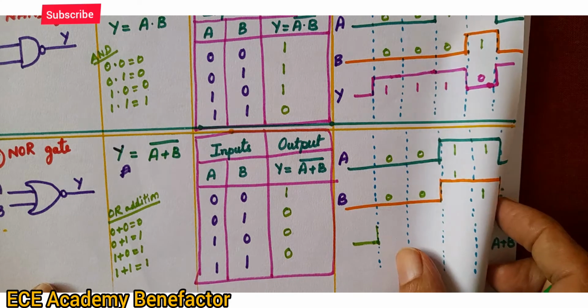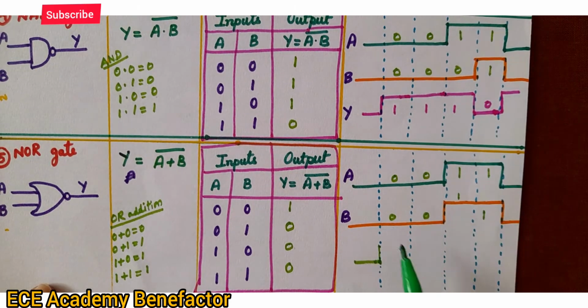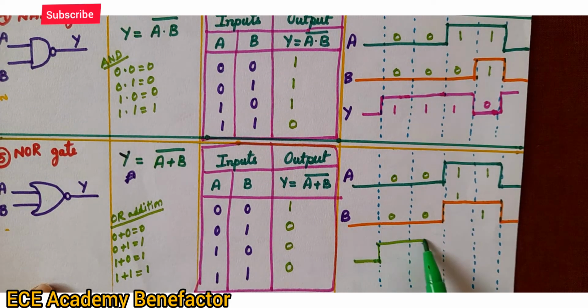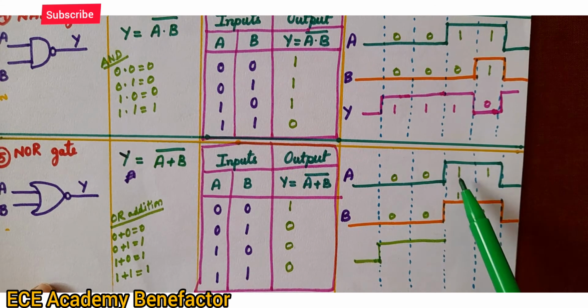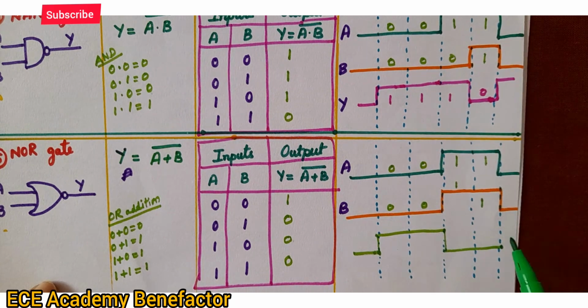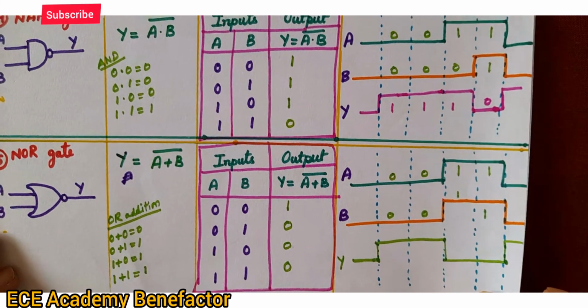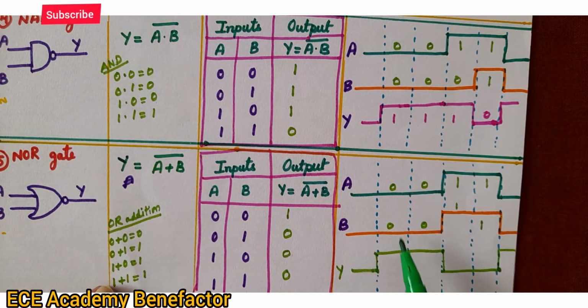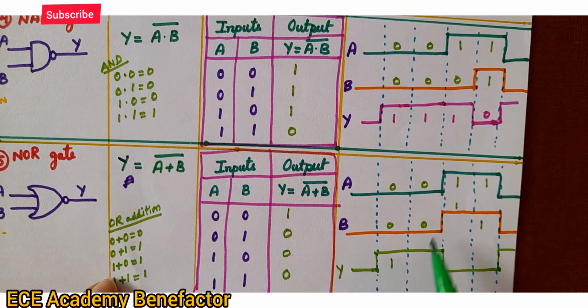So up to here it is high. Now both are 1 1, so the output will become low, and then it rises like this. This is the output of the NOR gate. So when both are 0 0, the output is 1, and when both are 1, the output becomes 0.